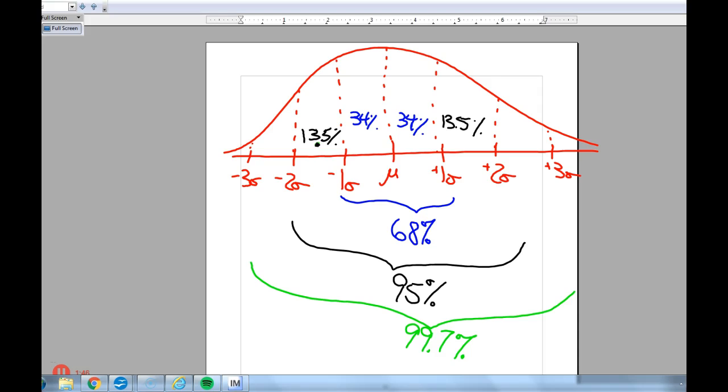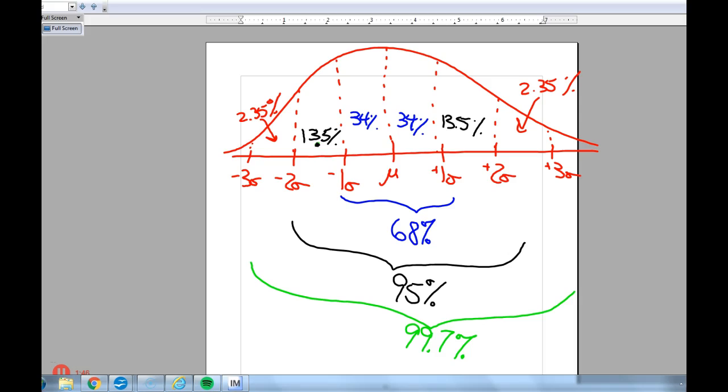So if we're looking 3 each way, so plus 3 standard deviations, minus 3 standard deviations. So in that giant window, we got 99.7%. How much is already used up though? 95. So what's left is 4.7%, right? So if we cut that in half, that little section is 2.35%, and that little section is 2.35%.